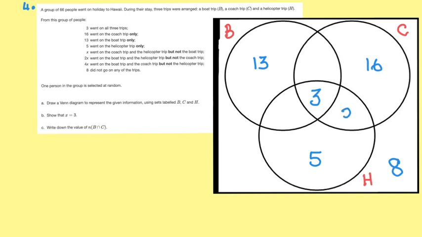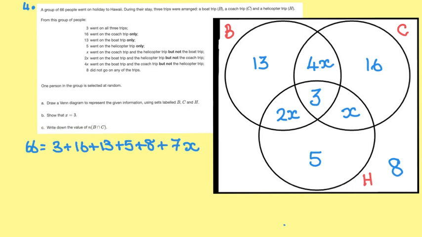So x went on the coach and the helicopter trip. Coach and helicopter is there. 2x went on the boat and helicopter trip. Well, that is there. So that's 2x. And 4x went on the boat trip and the coach trip. So that is there. I know that all of those added together add up to 66.